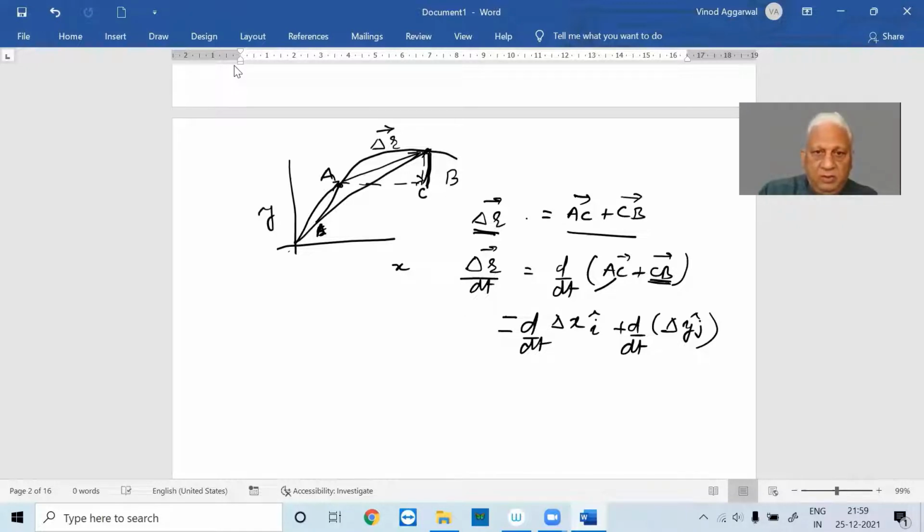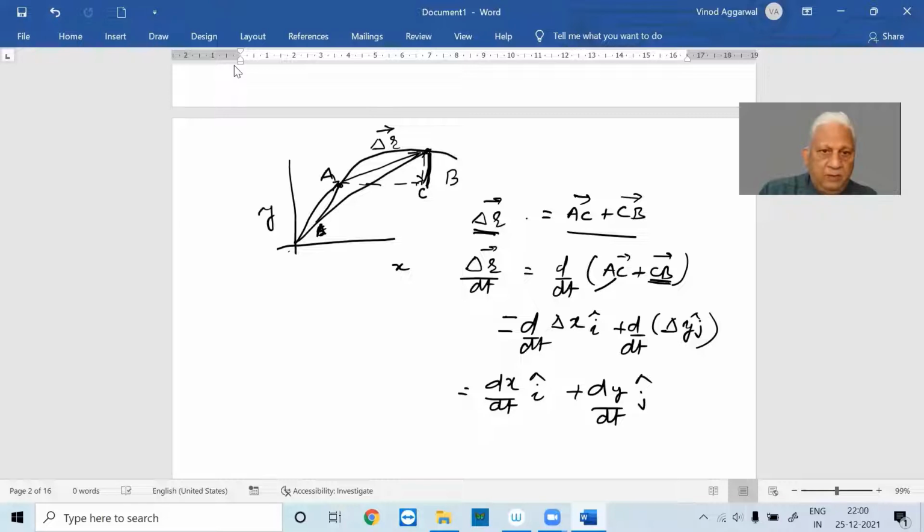So this is the same as dx by dt in the i direction plus dy by dt in the j direction.